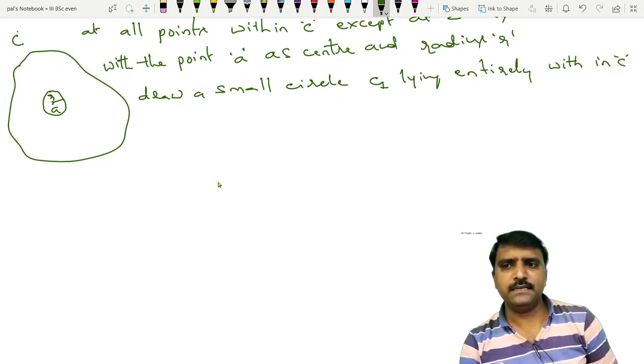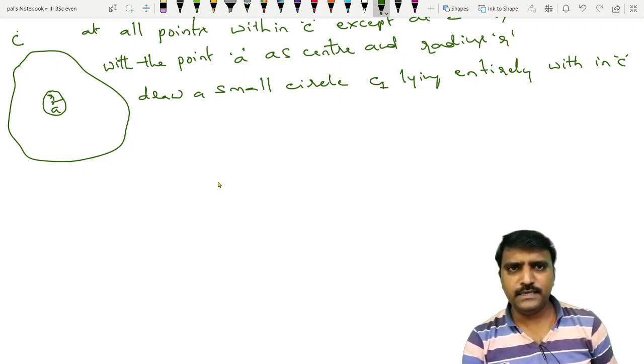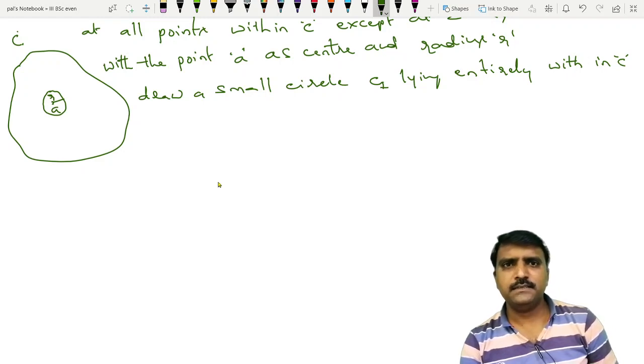So that means the function f of z by z minus a is completely analytic at all the points, because this region does not include the point z is equal to a.